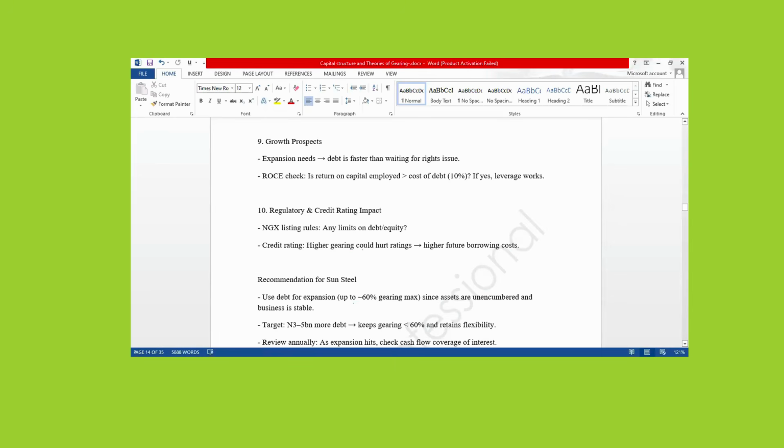These 10 factors can be considered or reviewed when looking at the capital structure of Sun Steel. We are done with our question number 4.